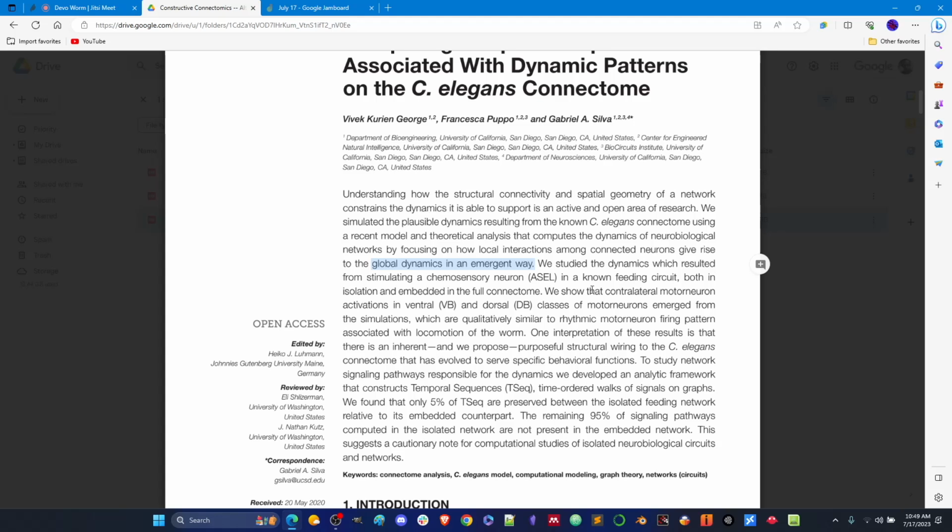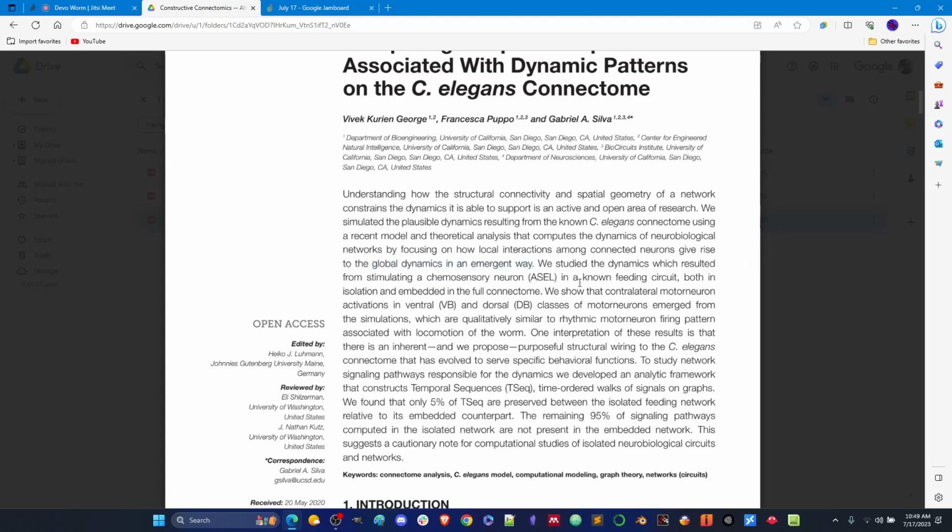They might control something like forward movement or backward movement of the worm. You expand those out to other subnetworks that interact with that, and then you expand that to the entire connectome. So when they say global dynamics in an emergent way, they mean you have these global dynamics within the connectome that go beyond any circuit, but that those emerge from the interactions between maybe different circuits or subnetworks.